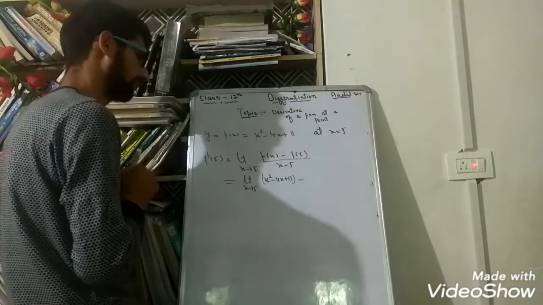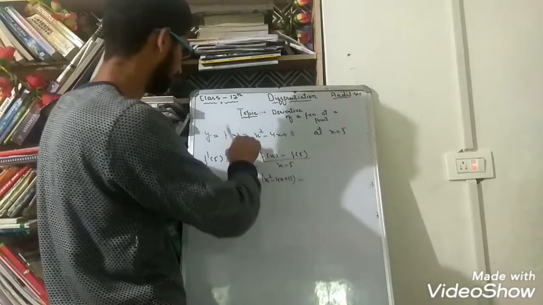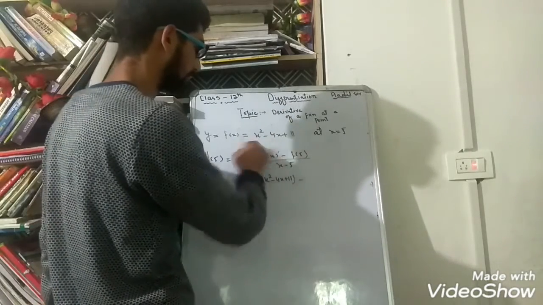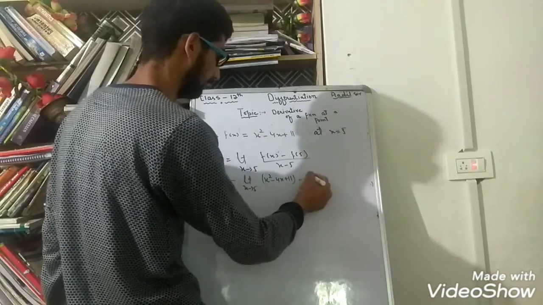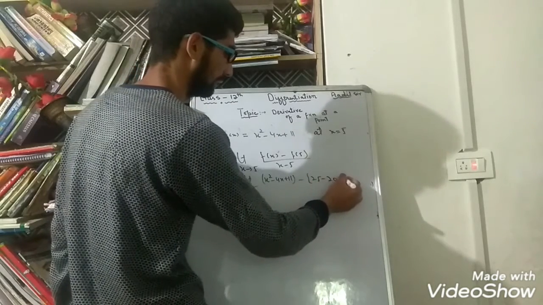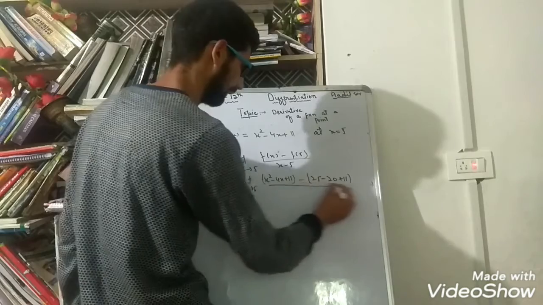What is that equal to? It's 5 square, that is 25, minus 4 into 5, that is 20, plus 11, divided by x minus 5.